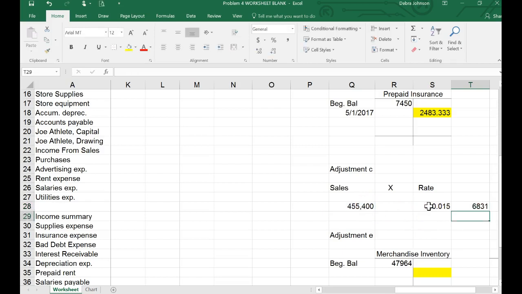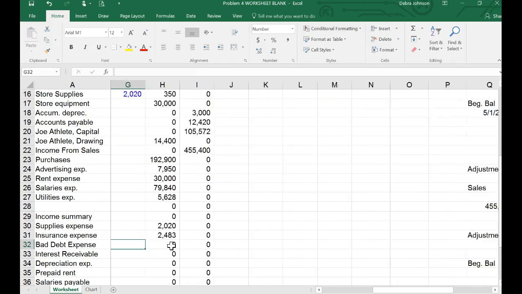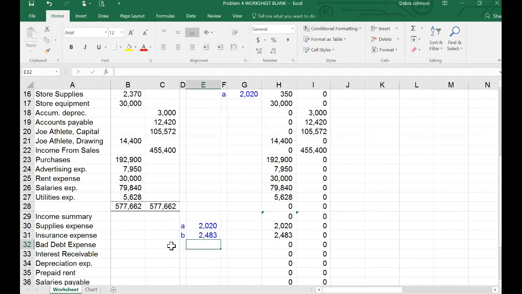In this case, it's $6,831. That's the adjustment we need to record. So we're going to come over here and debit the bad debt expense for $68.31. And that was letter C.